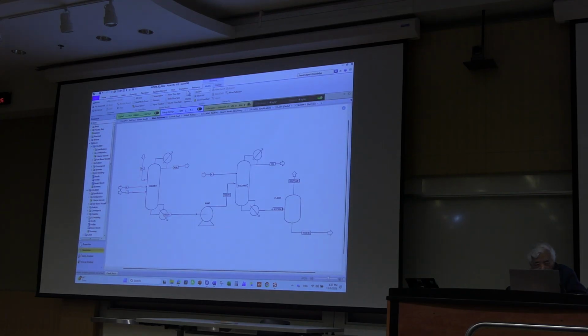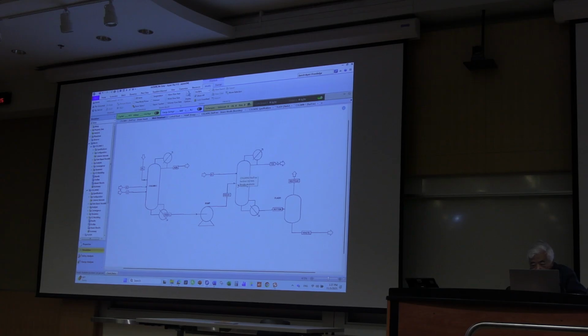Let me tell you what's involved. This is your file number 3. First column, using xylene as a solvent, getting pure ACN product. Second column, you add an A as a feed. Because A does not contain ACN, you only send that to the second column.